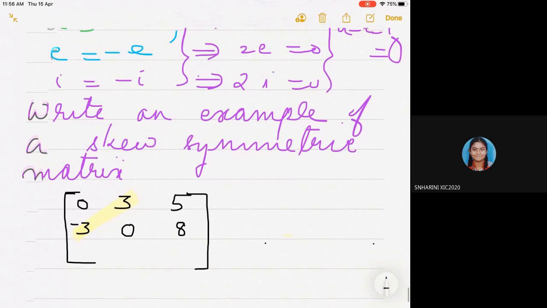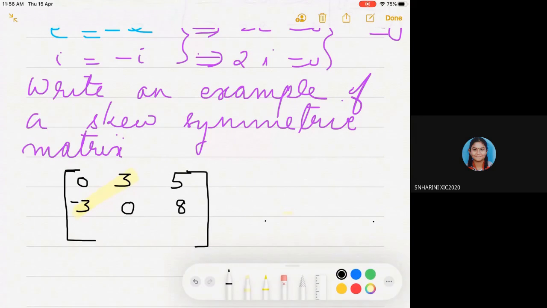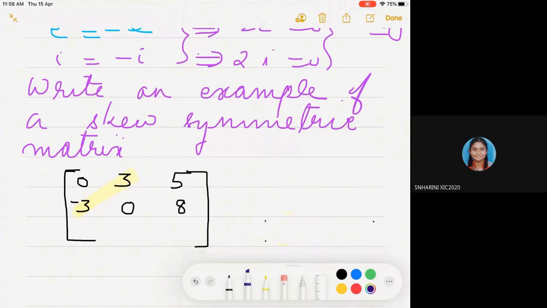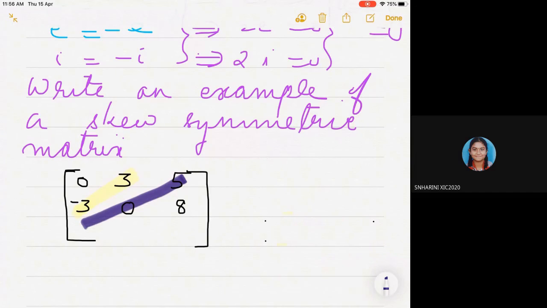Now for skew symmetry, we start the third row, and you have to be careful. Diagonally opposite elements, how should they be? Here it should be 5 on this side, so on the other side it should be minus 5.